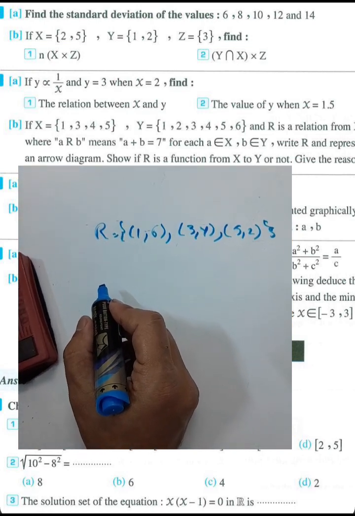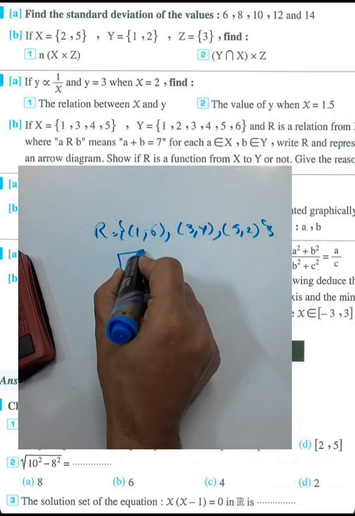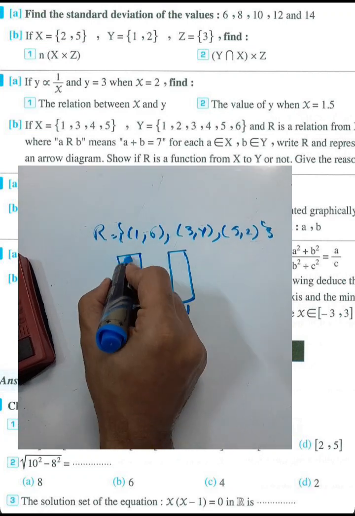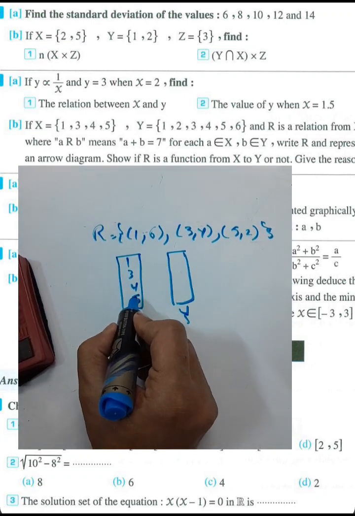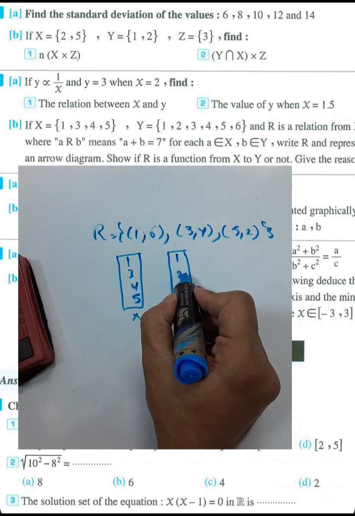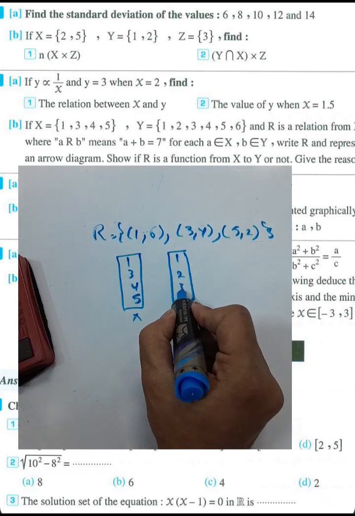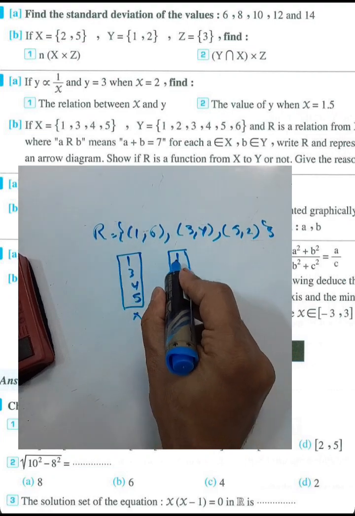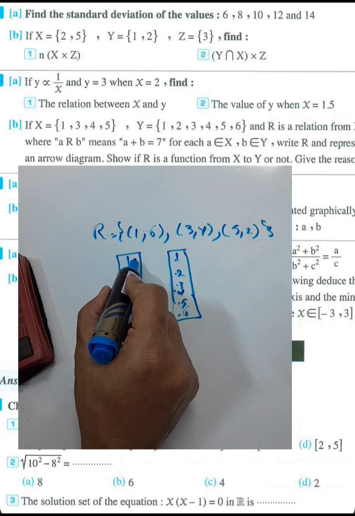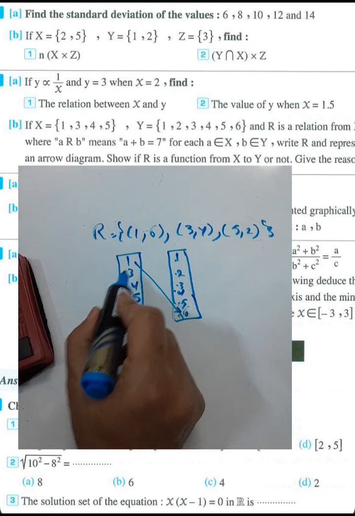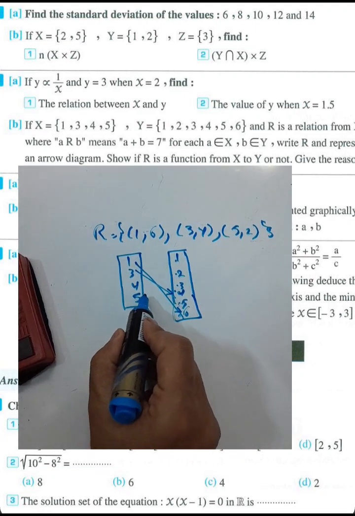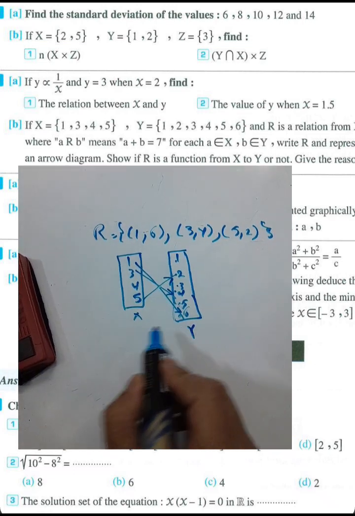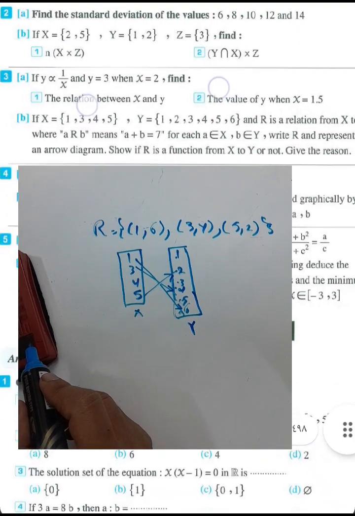Okay, and then you can draw an arrow diagram between two sets. Here x and y. X has 1, 3, 4 and 5, and here 1, 2, 3, 4, 5 and 6. Join from 1 to 6, 3 with 4, 5 with 2. Okay, is it a function?